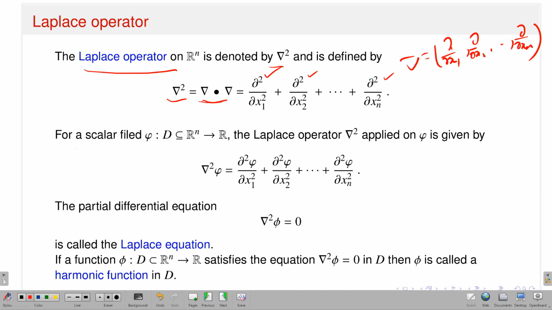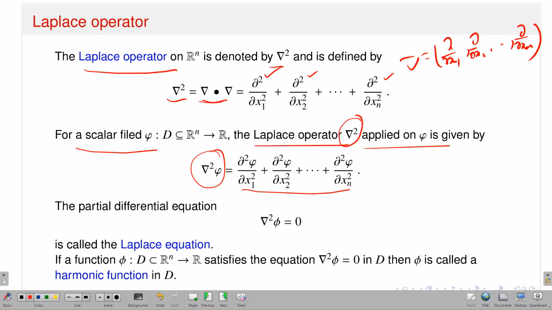Okay. So, now for a scalar field, if I take a scalar field phi from some domain D subset of Rn to R, then the Laplace operator, which I denote as del square, applied to my function phi, that means del square of phi, is nothing but del 2 phi del x1 square, then del 2 phi del x2 square up to del 2 phi del xn square.